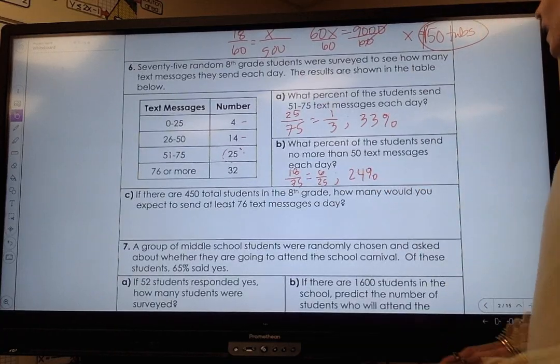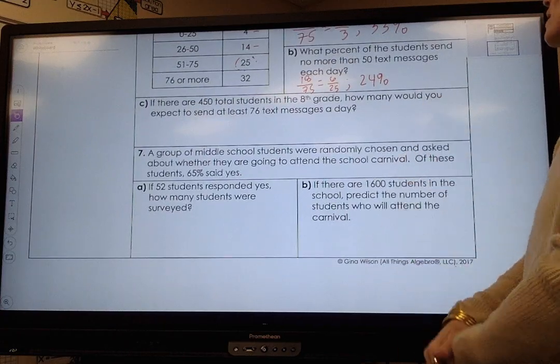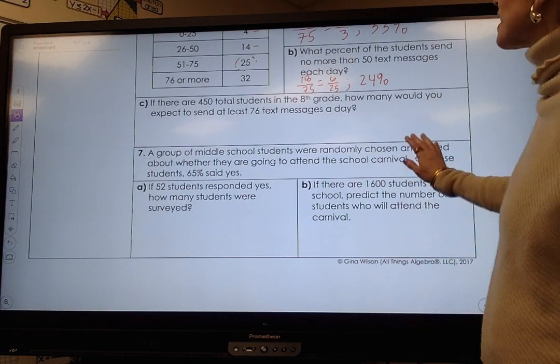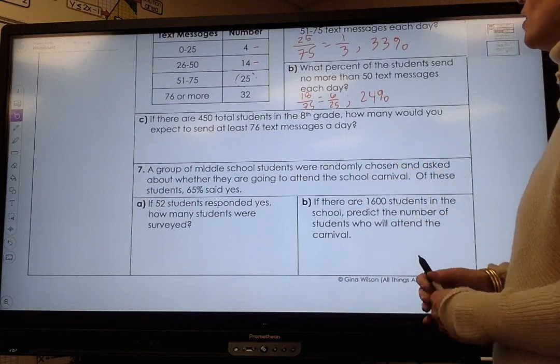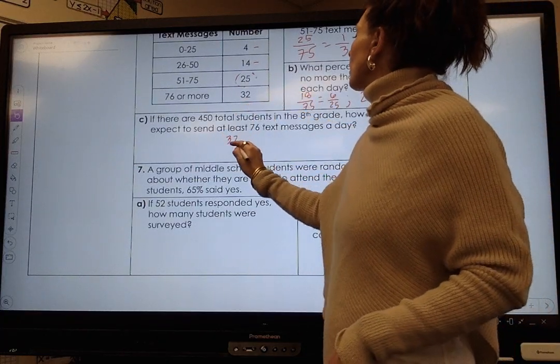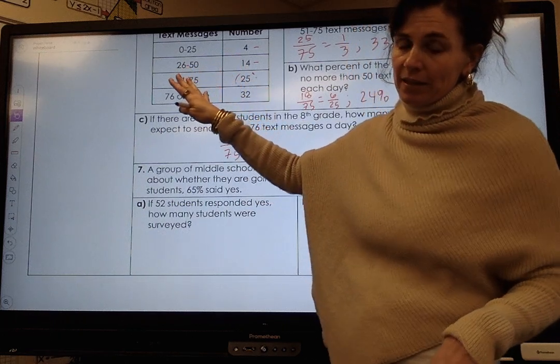Okay, now, if there are 450 total students in the 8th grade, how many would you expect to send at least 76 messages a day? So 32 out of 75 students is what is happening with these 75.